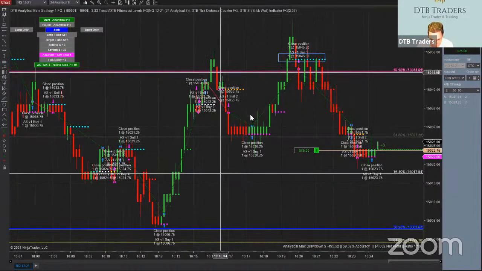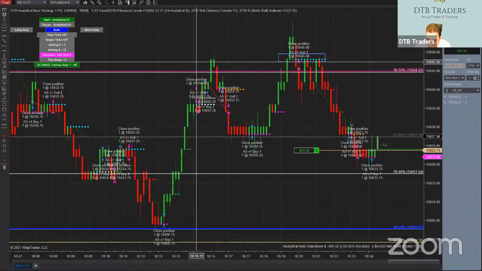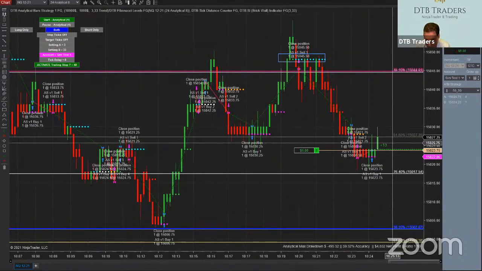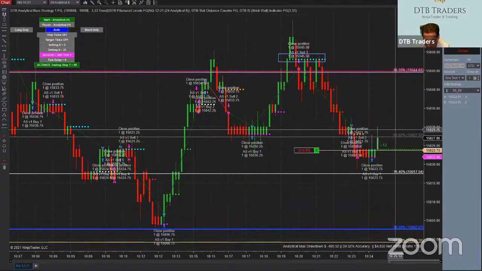Yeah, okay. 61.8. Again, there's nothing really stopping it. If it breaks above the 61.8, there's nothing stopping it going back up to that 38.2 again.